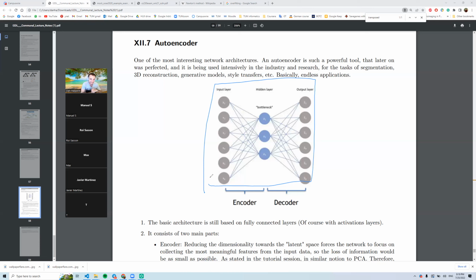Why do we want to use that? Input reconstruction is something that happens, but why would I want to do that?